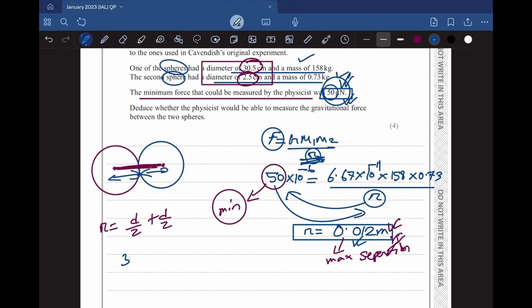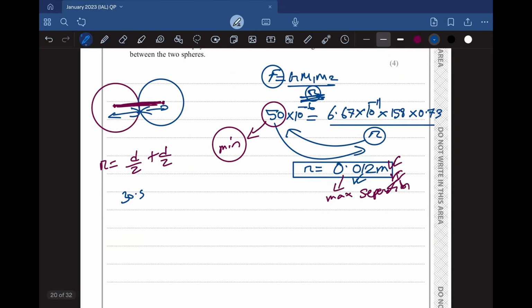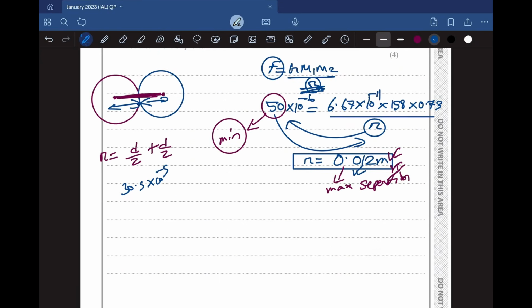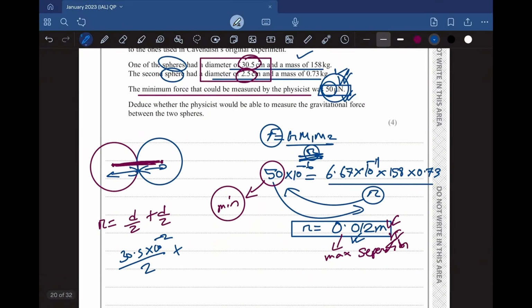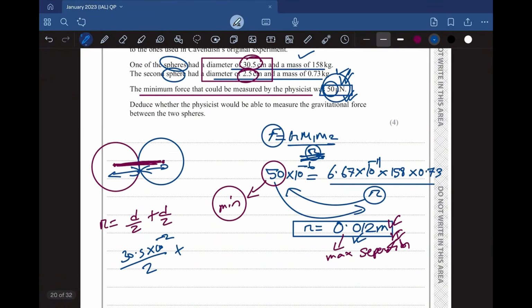So it will become 30.5 into 10 to the power minus 2 divided by 2, plus another one is 2.5 into 10 to the power minus 2 divided by 2.